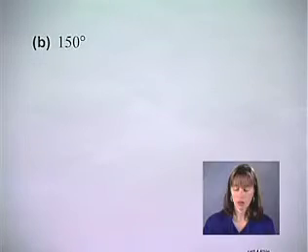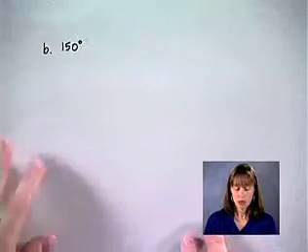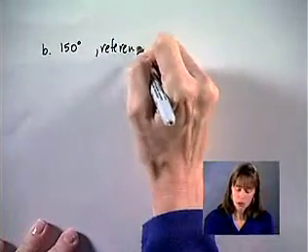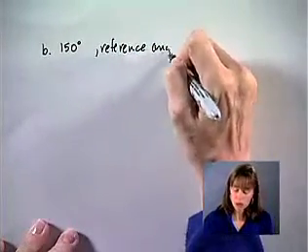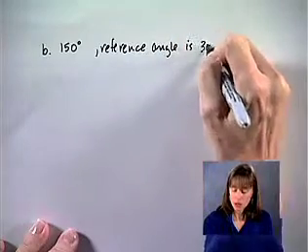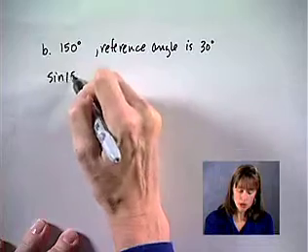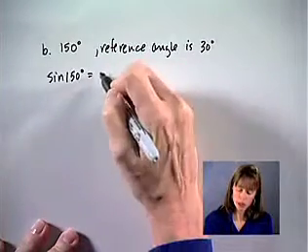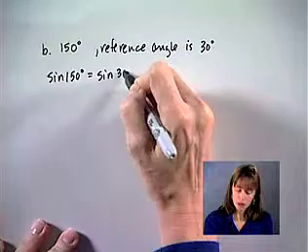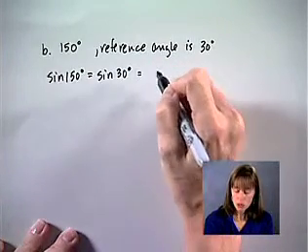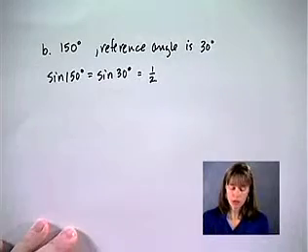For the angle 150 degrees, we want to find all 6 trigonometric functions. To begin with, recall that the reference angle for 150 degrees is 30 degrees. And so the sine of 150 degrees, which is what we're looking for, is going to be exactly the sine of 30 degrees, which is 1/2.